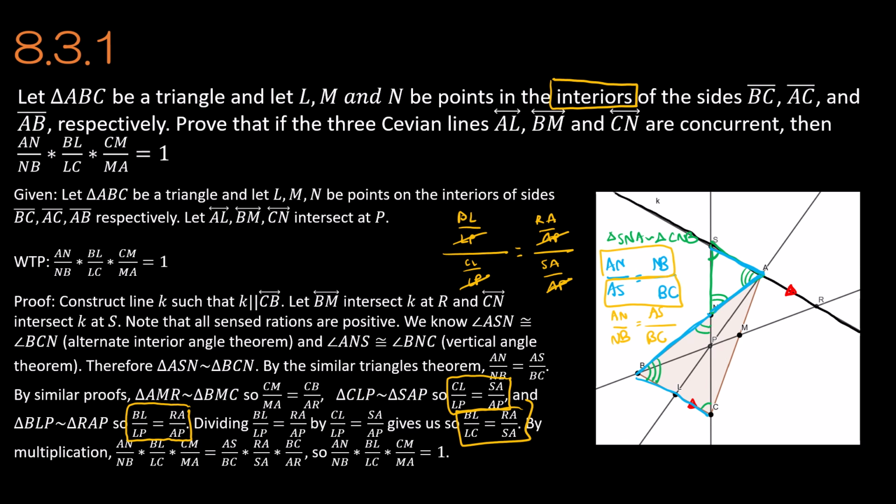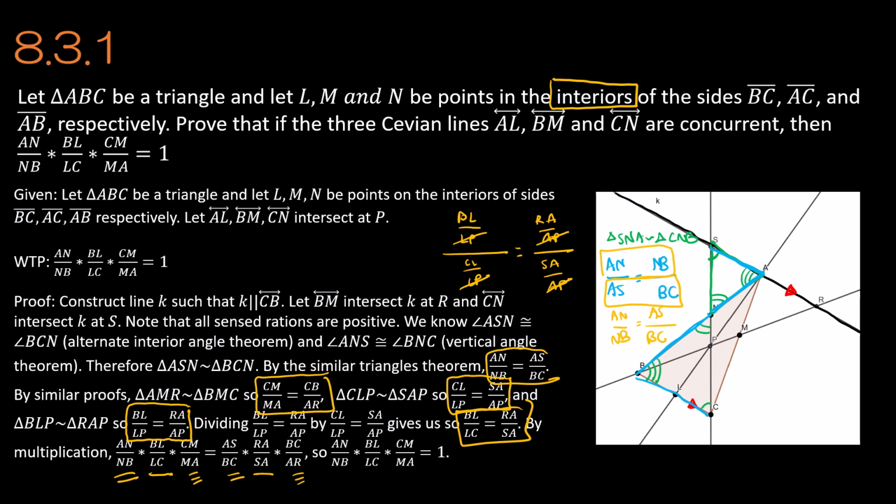Now, what I have is BL over LC equals RA over SA, and then I'm going to use AN over NB is equal to AS over BC, and then I have CM over MA is equal to CB over AR.